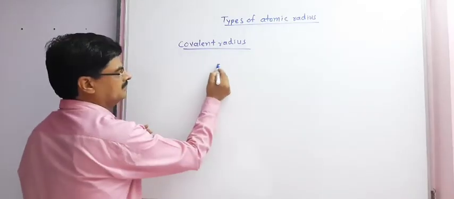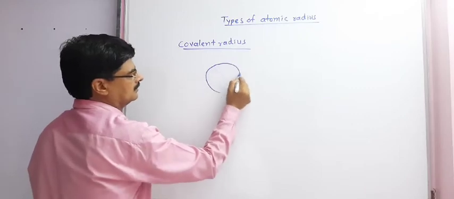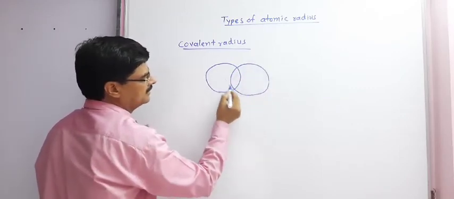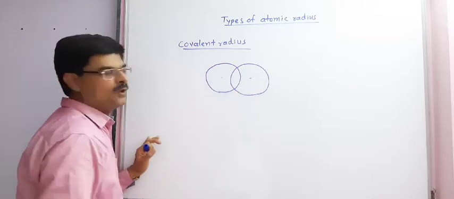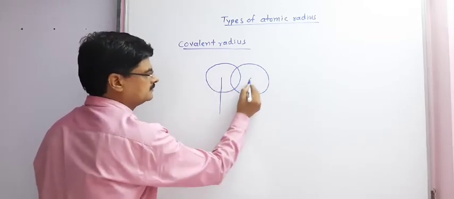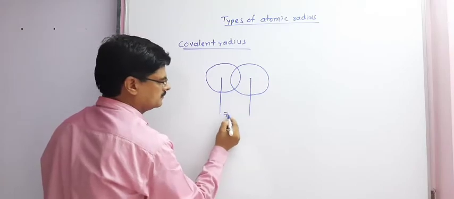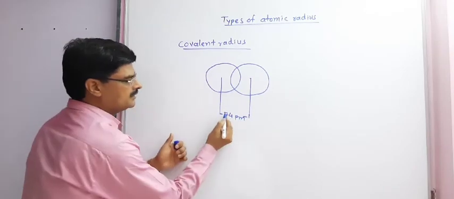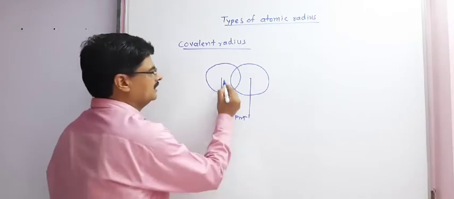For hydrogen, the internuclear distance is 74 picometer.